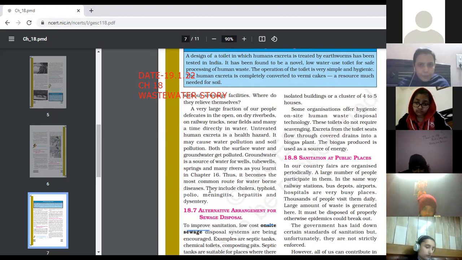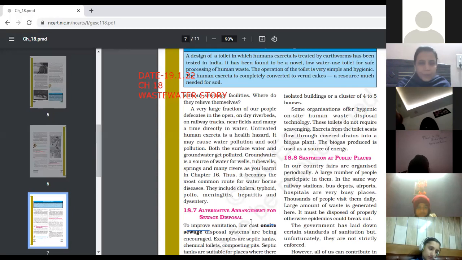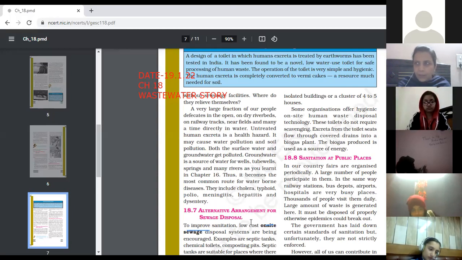Next comes the alternative arrangement for sewage disposal. So children, the rest will be taken tomorrow, that what are the alternate arrangements for sewage disposal. Now we are throwing the sewage, the waste goes through the pipes and it is collected in the sewer, and from there it is taken to the WWTP.